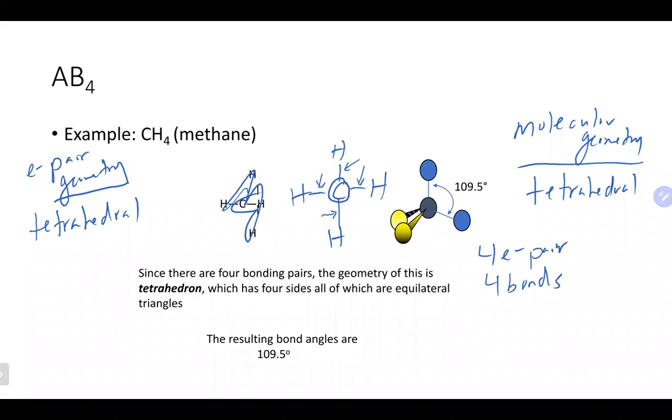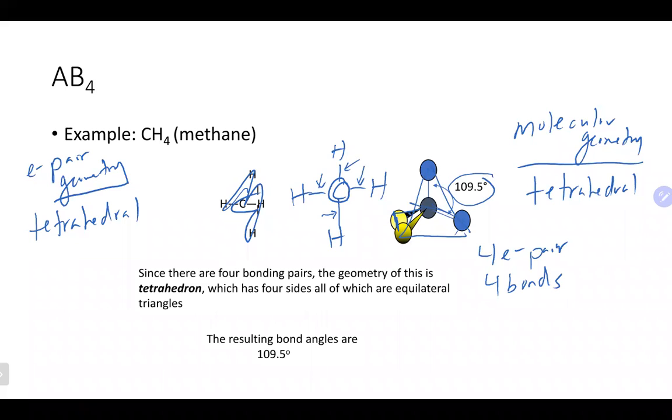In this case, unlike the trigonal planar, we end up with 4 things attached, which means 4 things are trying to space themselves out as far as possible. And we do end up with this tetrahedral shape, which has a bond angle about 109.5. On the face of it, it kind of makes a triangle, and then kind of on the bottom, it makes more like a pyramidal type shape in that type of geometry.